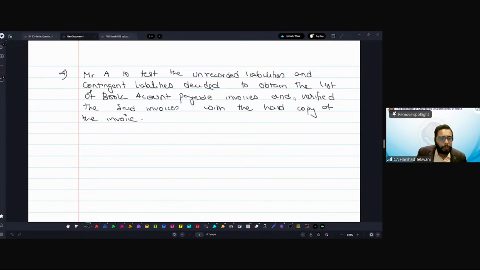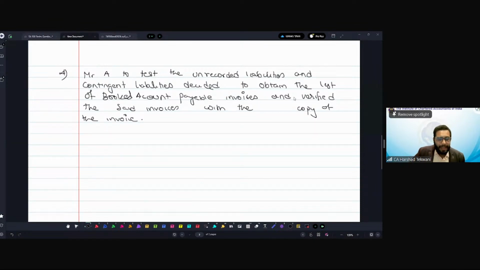So, Mr. A was the auditor to test the unrecorded liabilities and contingent liabilities. He decided to obtain the list of booked account payable invoices, and verified the said invoices with the hard copy of those invoices.